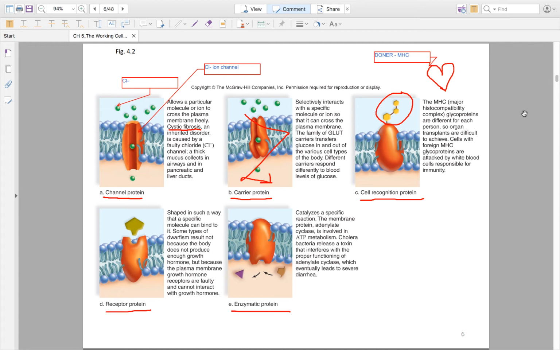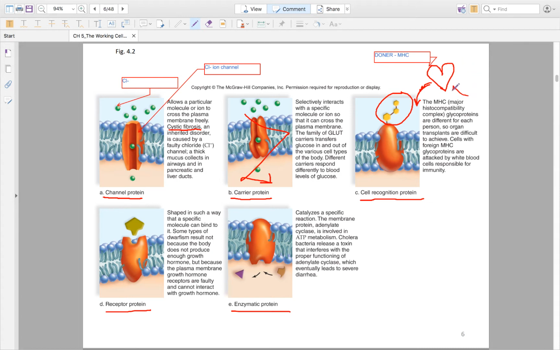They're going to have the donor MHC markers all over those cells. When they go into the receiver's body, what do you think is going to happen? Well, of course, the body is going to immediately recognize that this is not a self cell. It is a foreign MHC, and the white blood cells, your immune system, is going to try to attack the heart.